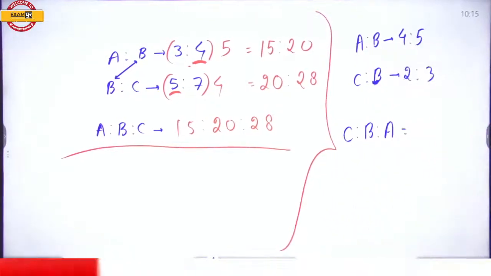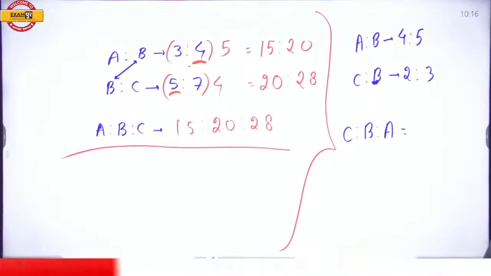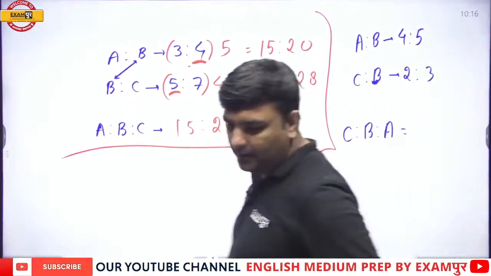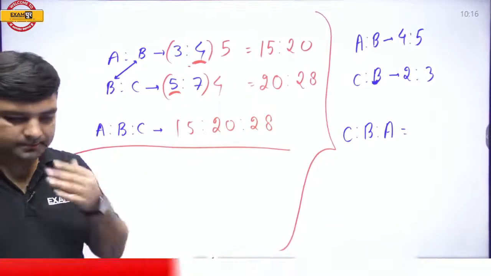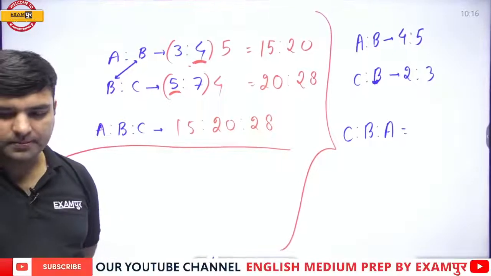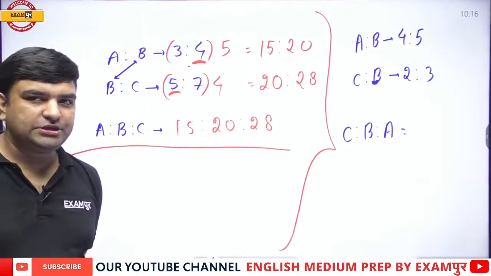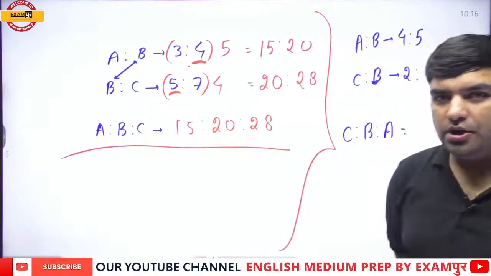A ratio B, 4 ratio 5. C ratio B is 2 ratio 3. What is CBA? Guys, is there a connecting link or not?